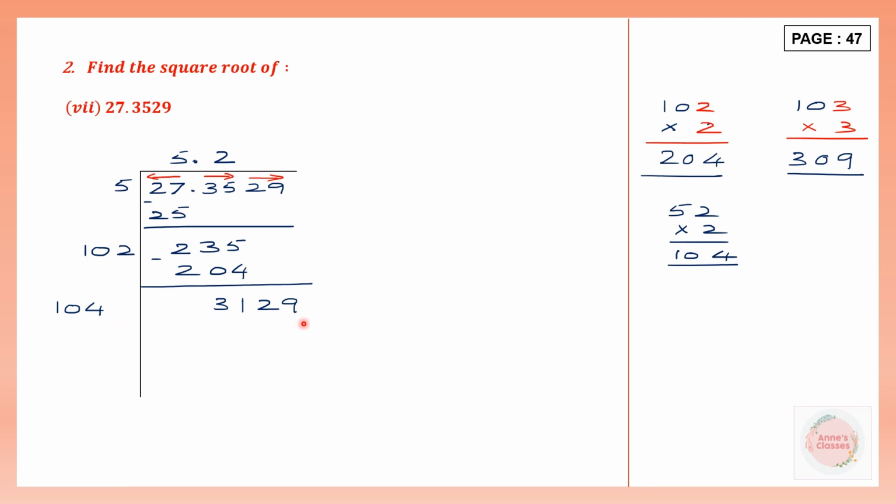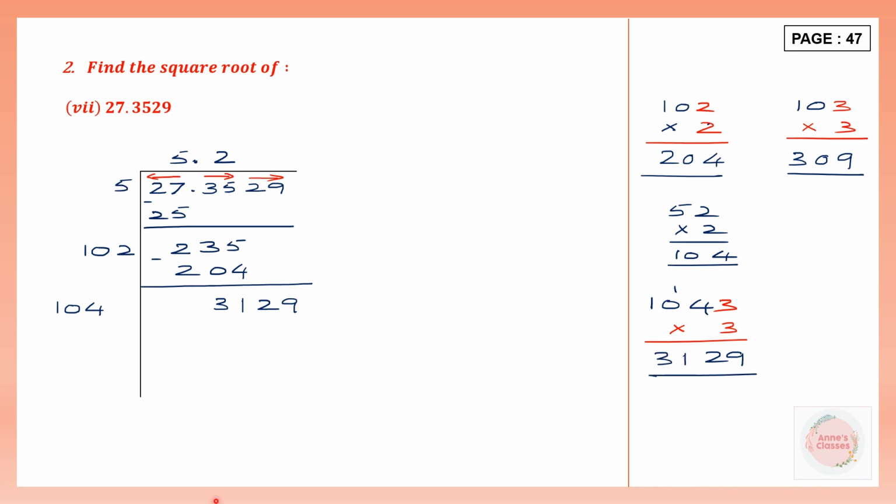Look at this number, look at the last digit here, it's 9. Think of a number whose square is ending in 9. How about 3 itself? So let's take this number 104. Next to it, let's write 3 and multiply this whole number by 3. 3 3s are 9, 3 4s are 12, carry 1, 3 zeros are 0 plus 1, 3 1s are 3.